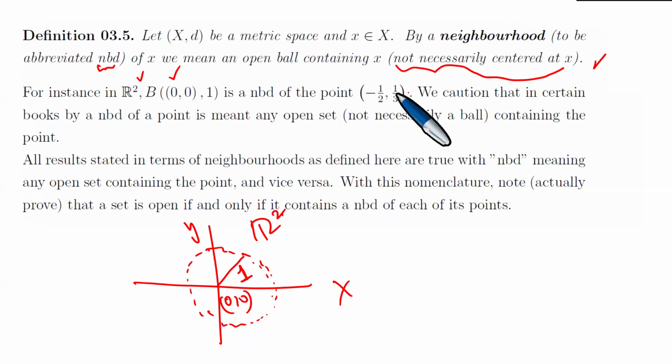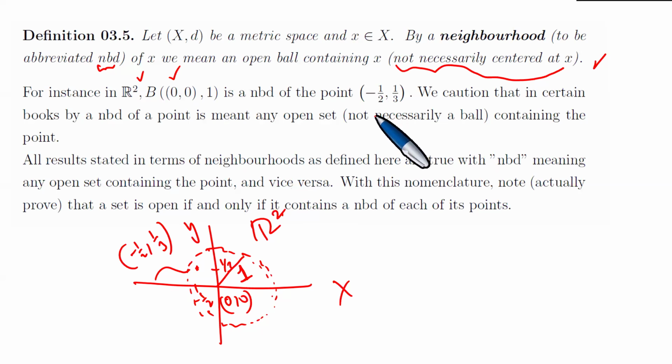This open ball is a neighborhood of the point, because we take x to be minus 1/2 and y to be 1/3, and then this point is inside the ball. This point is characterized by minus 1/2 and 1/3. So we are saying that this open ball is a neighborhood of this point.